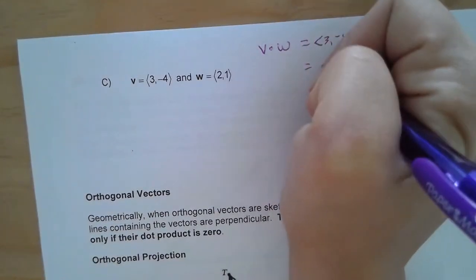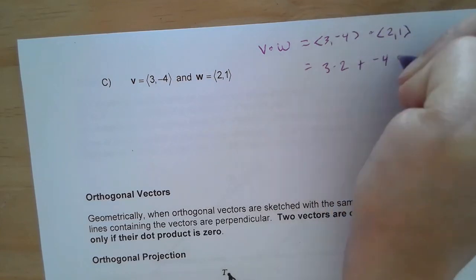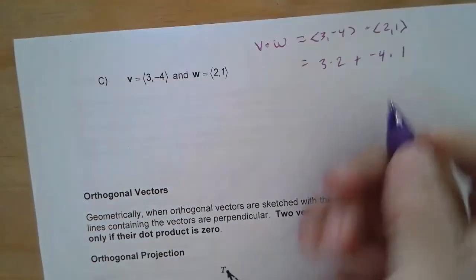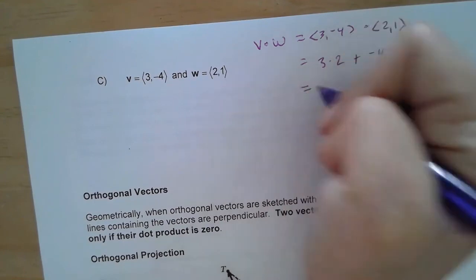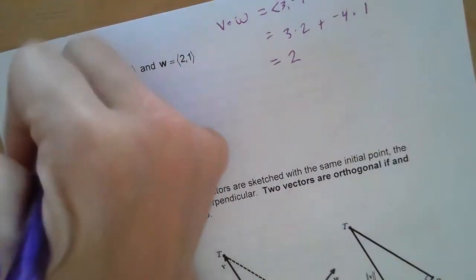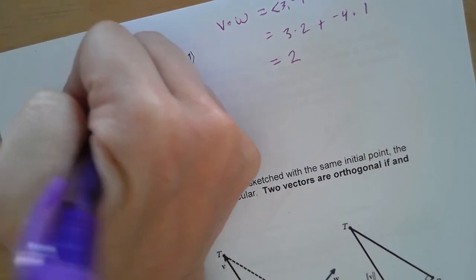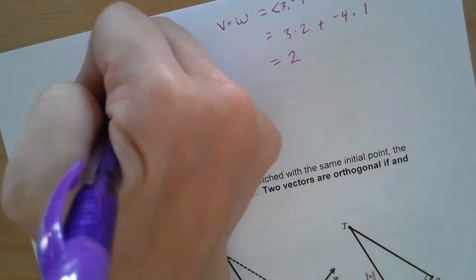Do that out, we get 3 times 2 plus negative 4 times 1, which equals 2. Okay, so we do need the magnitude, so magnitude of V, we do that out, we actually get the value of 5.